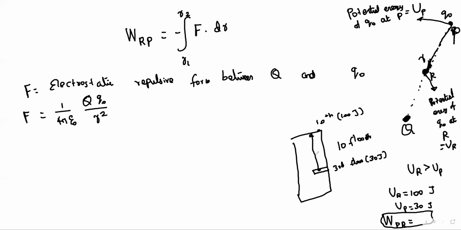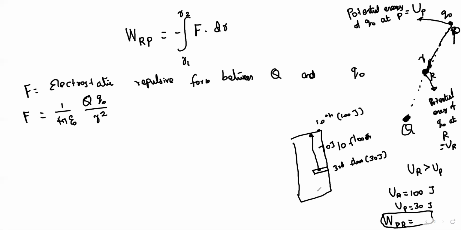There will be only one possible answer there. If it is 30 joule and if it is 100 joule, how much extra work do you have to do? 70 joule, that's it.